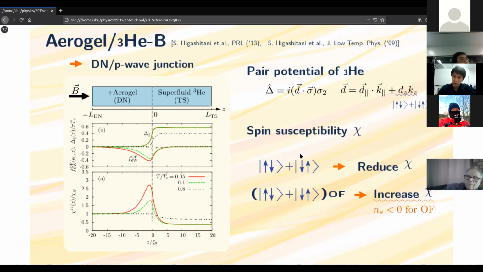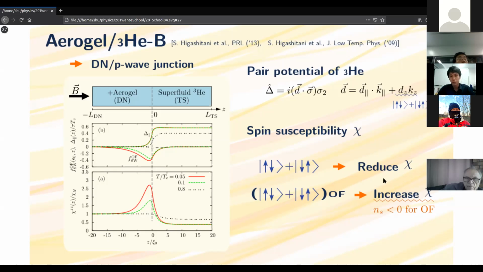In the normal state, the particle can change the population of the spin without any restriction, and the spin susceptibility reaches a certain value. However, in the superconducting state, they have to form opposite spin Cooper pairs, which means that the spin susceptibility should be reduced by forming this opposite spin triplet.